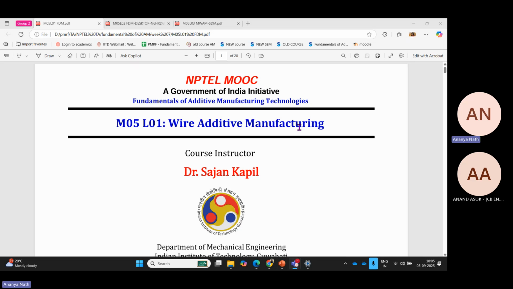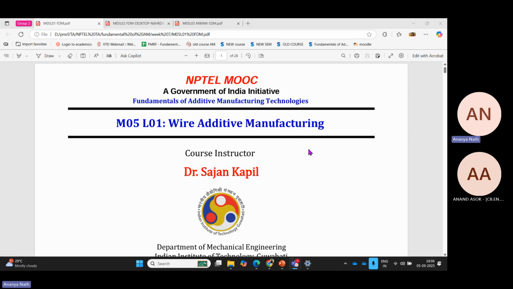First thing. And in that, we have two processes. One can print metal, one can print polymer. However, we are going to talk about only the FDM, which can print the plastic parts or polymer parts. And in case of metal, we will be talking about directed energy deposition, which is WAM, wire arc additive manufacturing.